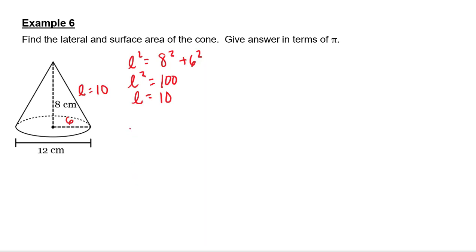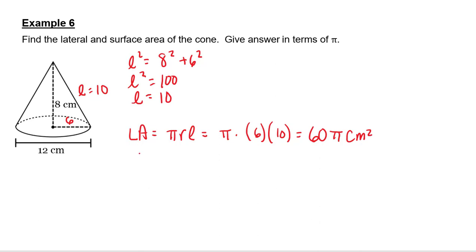Okay, so the lateral area is pi r l. So pi times my radius, which is 6, times my slant height, which is 10. So that's 60 pi centimeters squared.